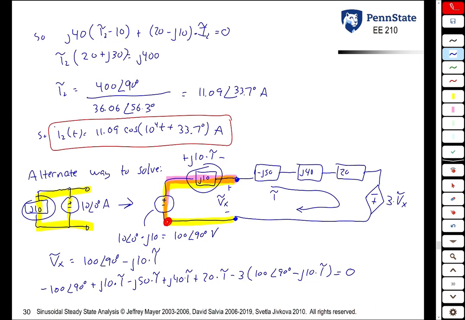If you work out the math and solve for I tilde, you will get the same answer we got before.